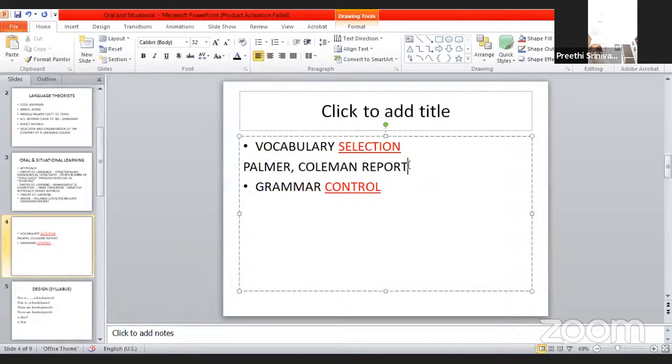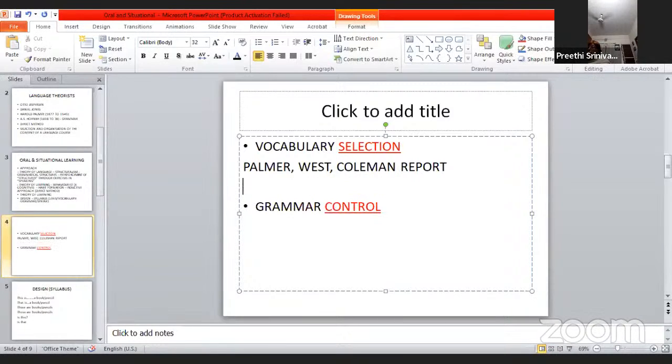And in 1953, West, Palmer, West. West is also one of them. So West compiled a book called A General Service List of English Words.